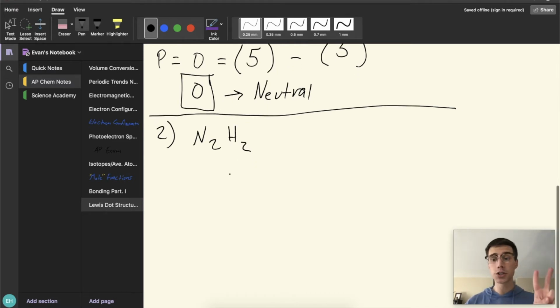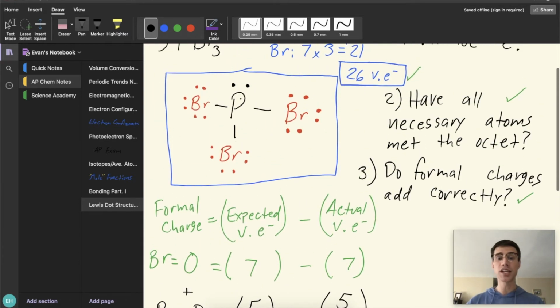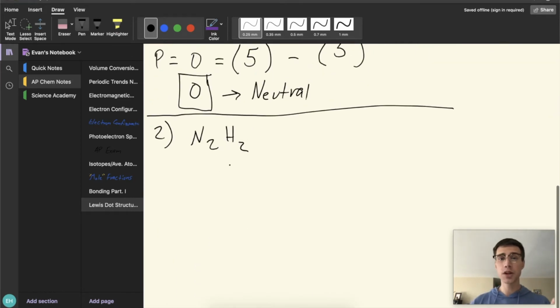However, there's 2 nitrogens here, so we won't necessarily have a central atom like we did in this example because phosphorus is in the middle of the molecule. Now, because there's 2 nitrogens, we don't necessarily know what it's going to look like, right? It could be like this. We could have an N on the side and H's around here, but that's our whole molecule, so we'd have to think of something else.